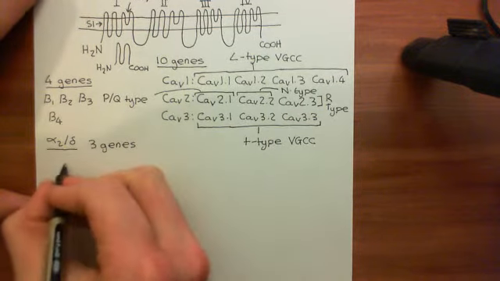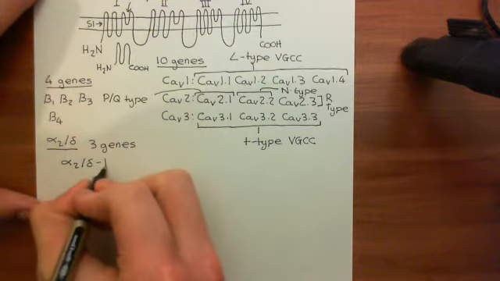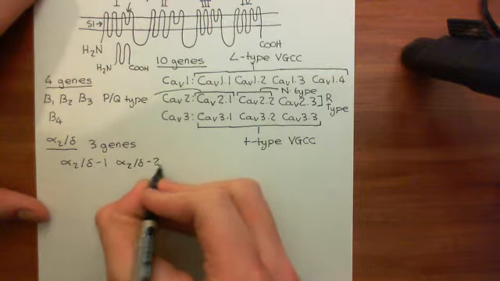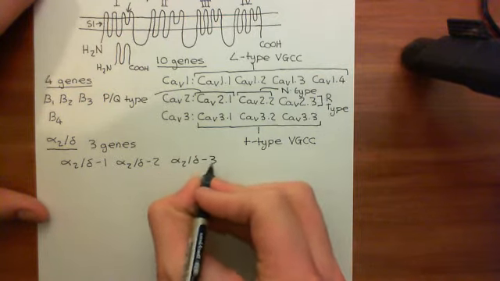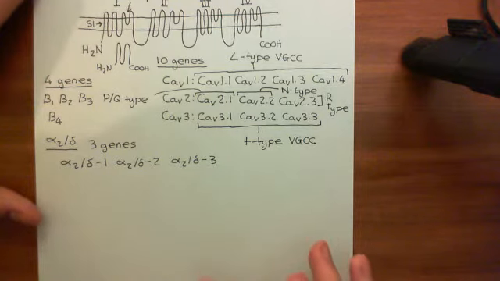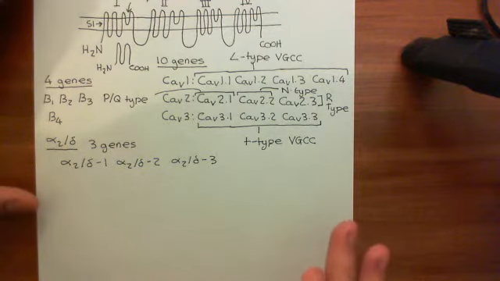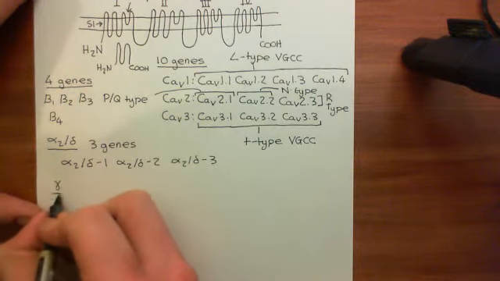So there are 3 genes: alpha-2 delta 1, alpha-2 delta 2, and alpha-2 delta 3, okay? And these 3 genes will produce slightly different alpha-2 delta subunits, and that can modify the properties of the voltage-gated calcium channel. Finally, the gamma subunit is also variable.